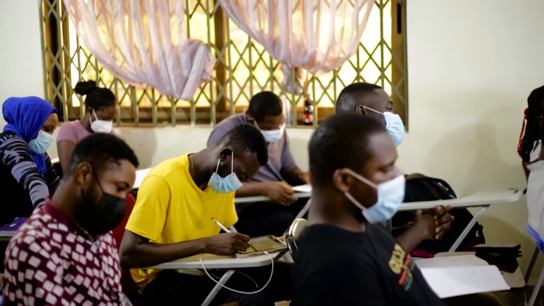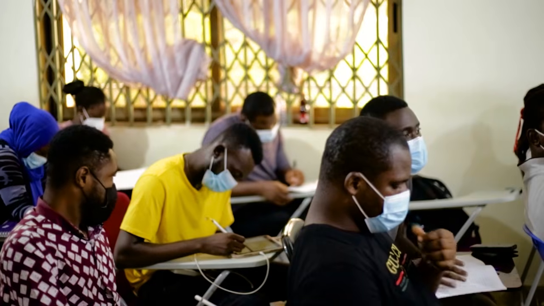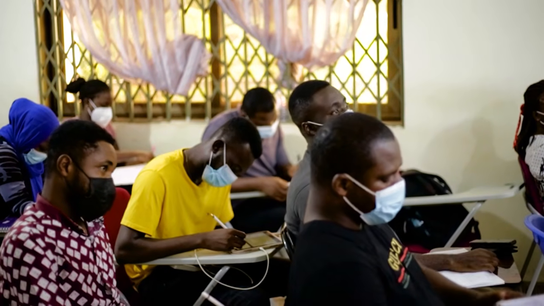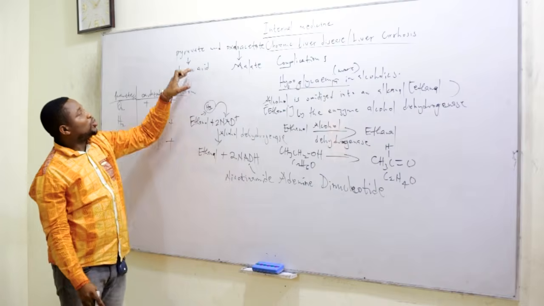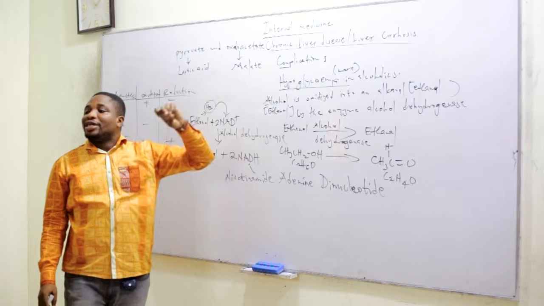Pyruvate and oxaloacetate into lactic acid and malate, respectively. So the excess NADH facilitates the conversion of pyruvate and oxaloacetate into lactic acid and malate, respectively.